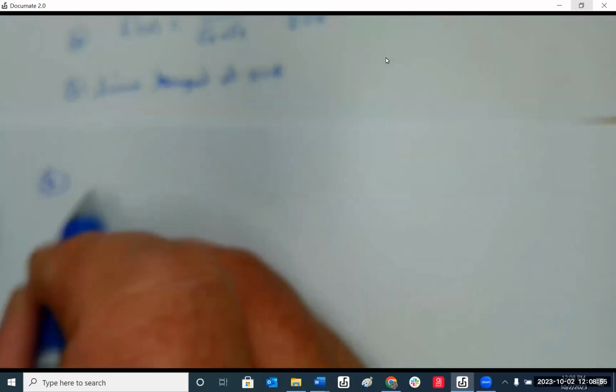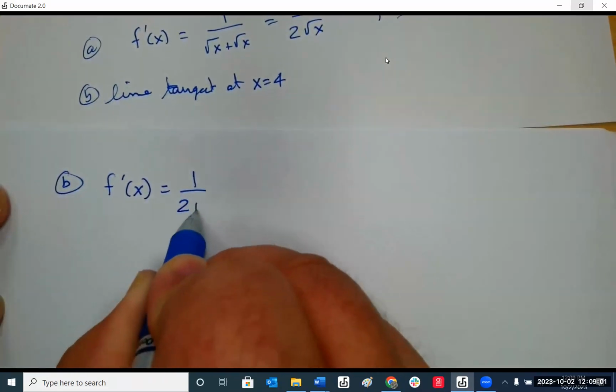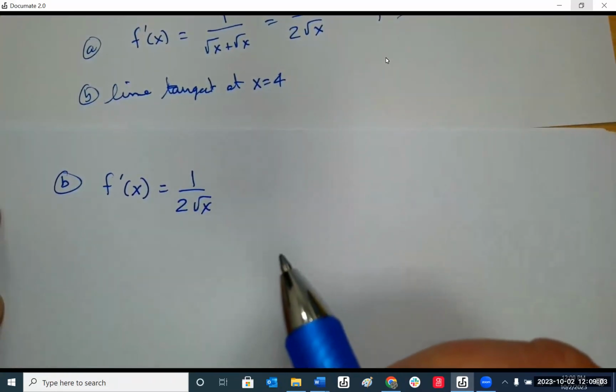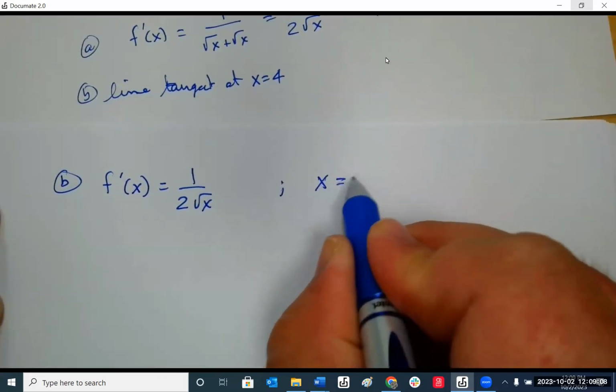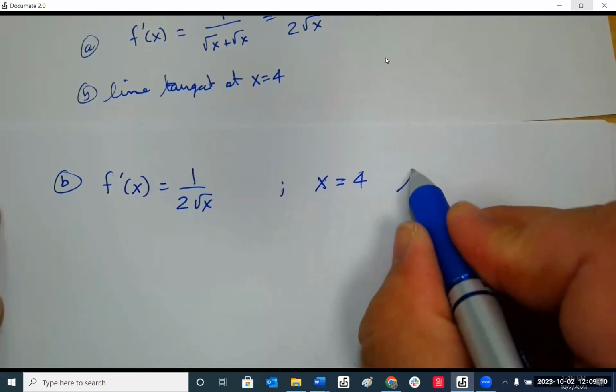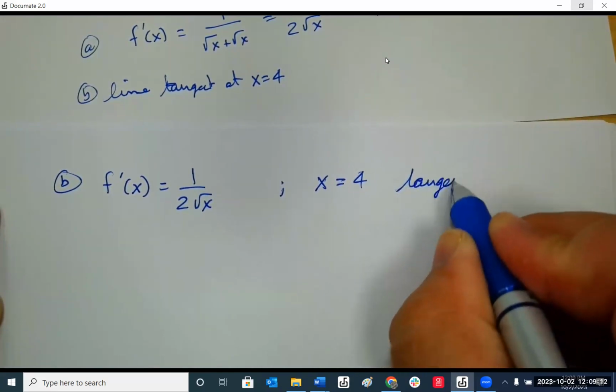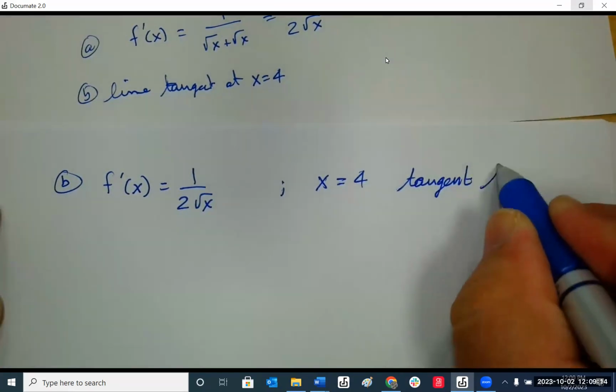So what we have here is this for part B. We know the derivative is 1 over 2 radical x. It wants us for x equals 4 tangent line.